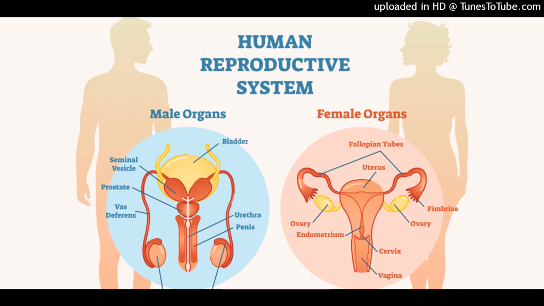The penis is composed mostly of erectile tissue, which is spongy tissue with many small spaces inside. The three areas of erectile tissue are the corpus spongiosum, which surrounds the urethra, and two columns of the corpus cavernosum on each side of the penis.